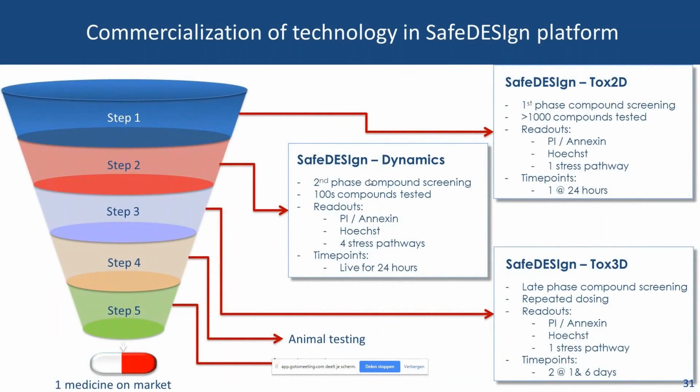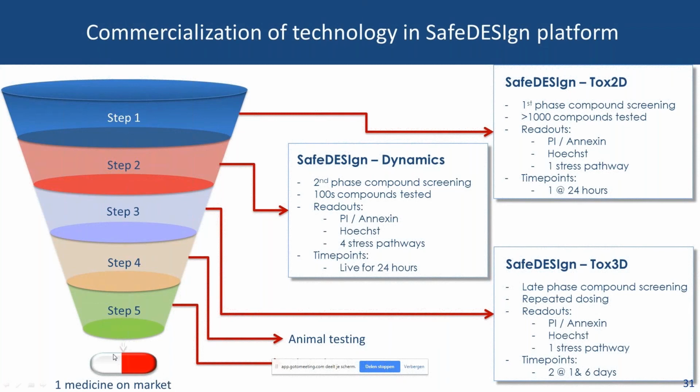All right, so how can our technology, called the SafeDESIgn platform, help the industry? On the left, you can see the well-known drug development funnel in which 10,000 compounds are put in, and eventually, after 15 years and spending €1 billion, hopefully one medicine will reach the market. A very inefficient system.